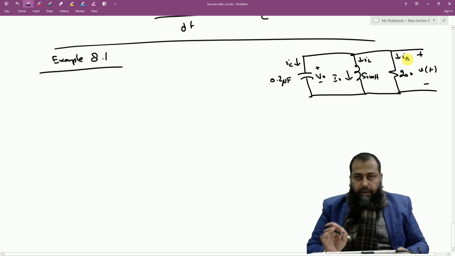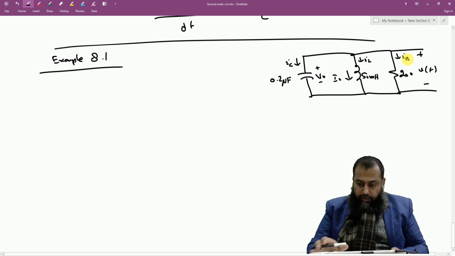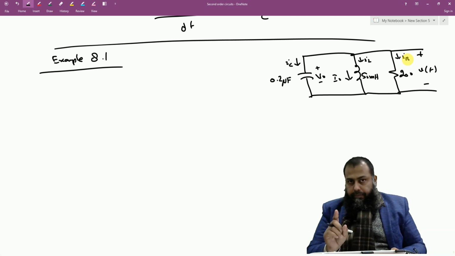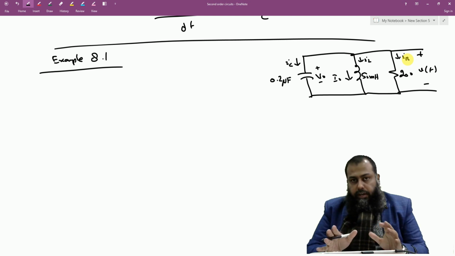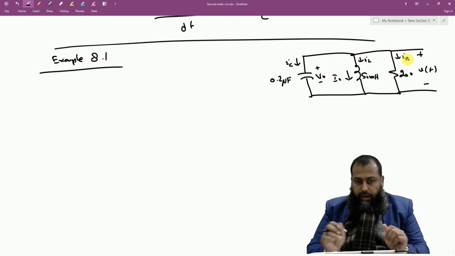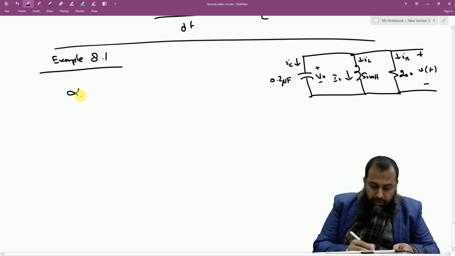Now as a first step in this particular circuit, we shall first calculate the roots, and we will establish if the circuit is critically damped, overdamped or underdamped. To do that, let us first find the value of alpha.